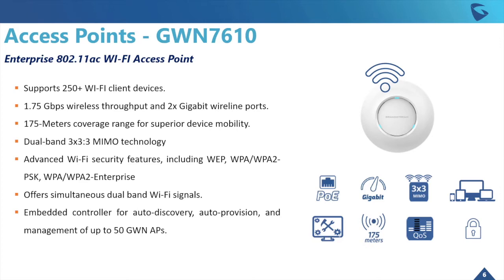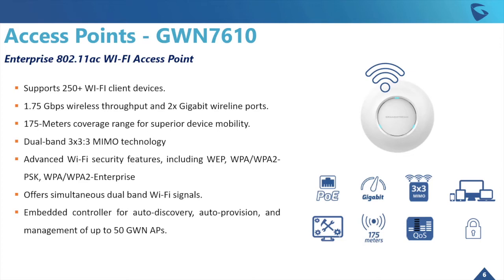So GWN 7610 supports the new standard 802.11ac and the legacy standards like 802.11abgn, and it offers simultaneous dual-band Wi-Fi signals on both 2.4 GHz and 5 GHz, which means that both bands can be used simultaneously.